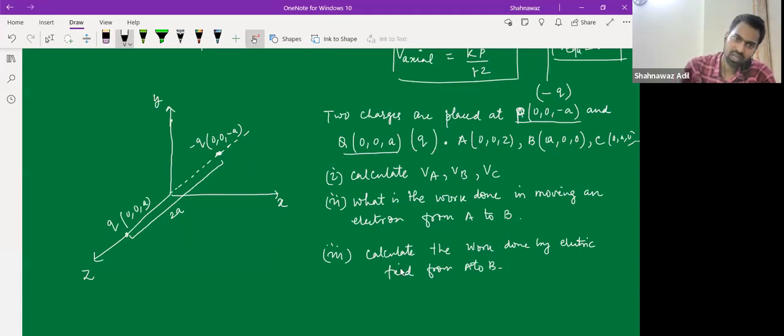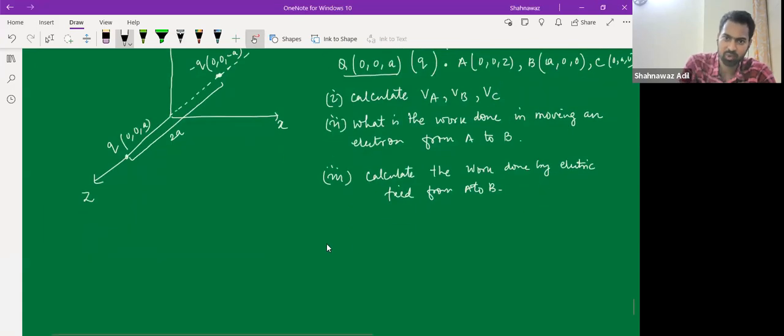First, tell me what this system is. It is an electric dipole, right? And for this point A, we first have to calculate the potential at A, so we have to calculate VA first.